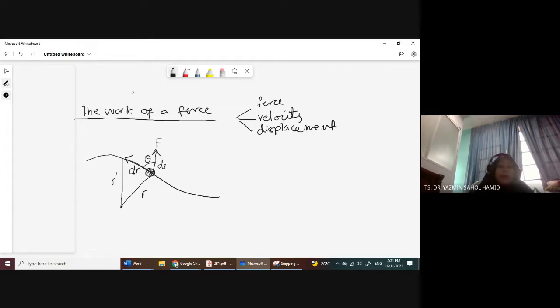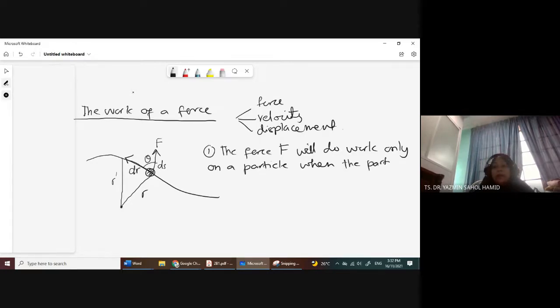Number one, the force F will do work only on a particle when the particle undergoes a displacement in the direction of the force.